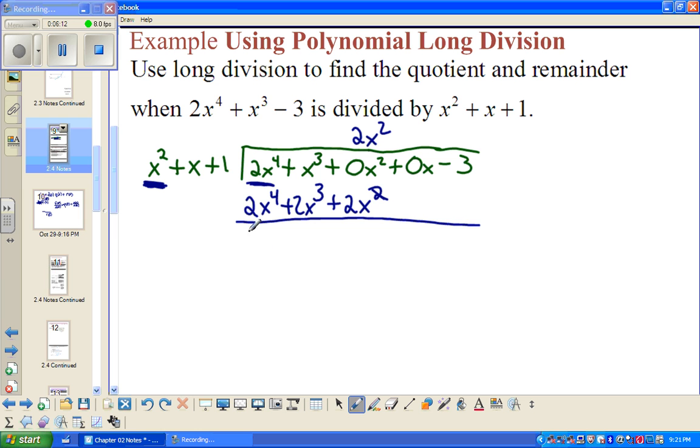And then subtract down. The first terms cancel out. That's what I wanted. That's why I picked this term up here. And then basically, I'm going to subtract and bring down what I have left.